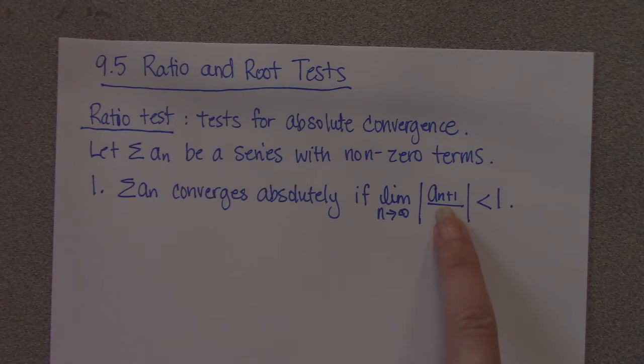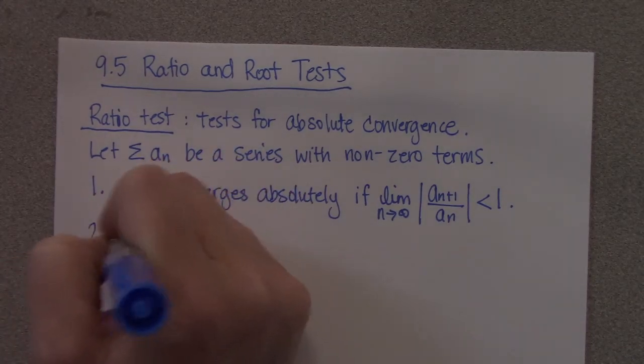That's what a fraction less than 1 is: the denominator is bigger than the numerator. So these terms are reducing, and if they're reducing at a rate where it comes out to be less than 1, then we know the series is going to converge, because we're simply taking a number less than 1, less than 1, less than 1. We're reducing it over time.